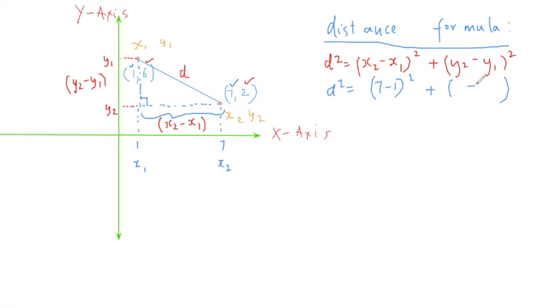It's minus 2 minus 6 squared. Okay. d squared is equal to 36 plus minus 4 squared is 16. d squared is equal to 52. Therefore, d is square root of 52. Okay. So this is what the distance formula tells you.